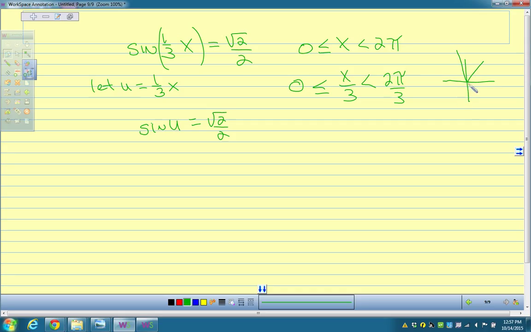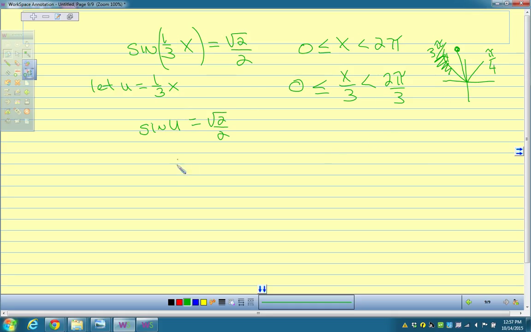So 3 pi over 4 would be over here. So pi over 4, and then again at 3 pi over 4, right? Because 2 pi over 3 would be short. Oh, wait. There's only one. 3 pi over 4 would be outside of this interval, right? So it's just pi over 4.